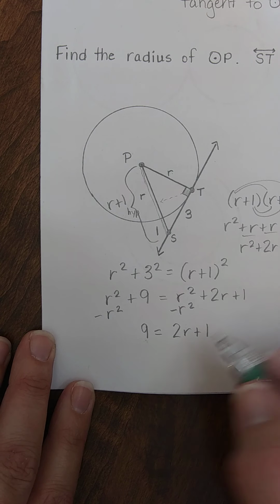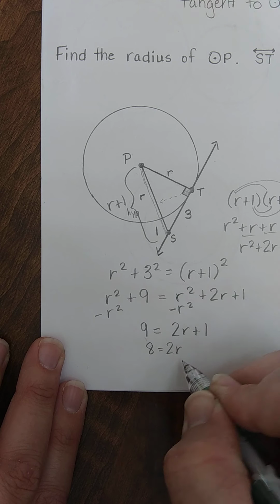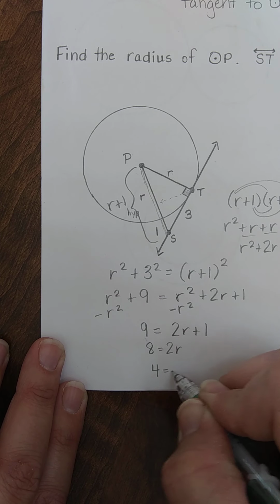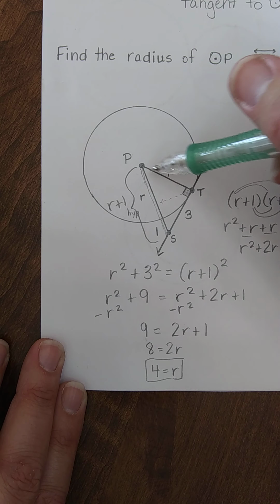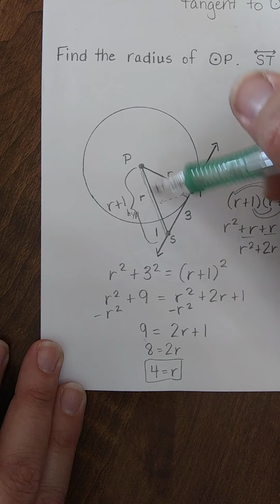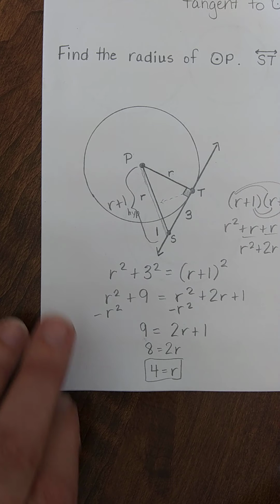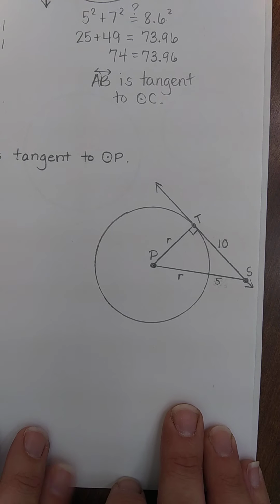We're down to just R's, so we're going to subtract our 1 from each side and divide by our 2, and we find out that our radius for that circle equals 4. So this is 4. And this distance would be 4 plus 1, so this hypotenuse would have a length of 5. Let's do that one more time just to make sure you followed through that process.